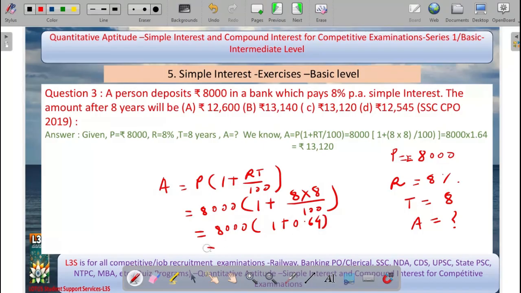So 1.64, 8,000 into 1.64. We have to multiply it and we get 13,120 when we multiply 8,000 into 1.64. So option C will be the correct answer here.